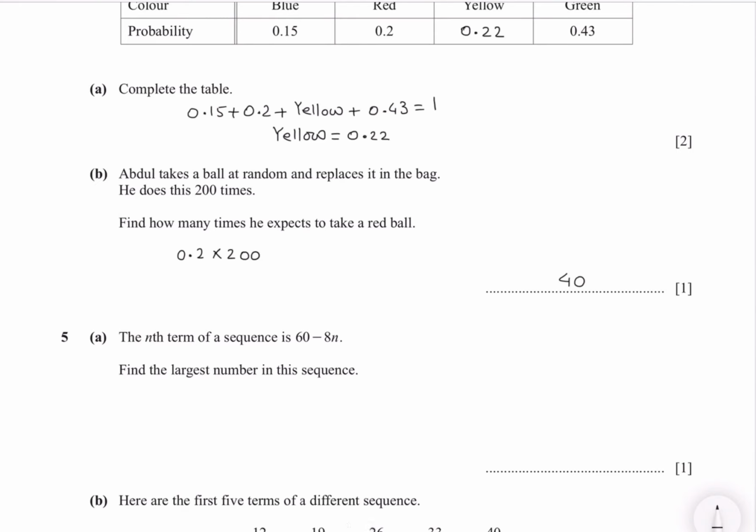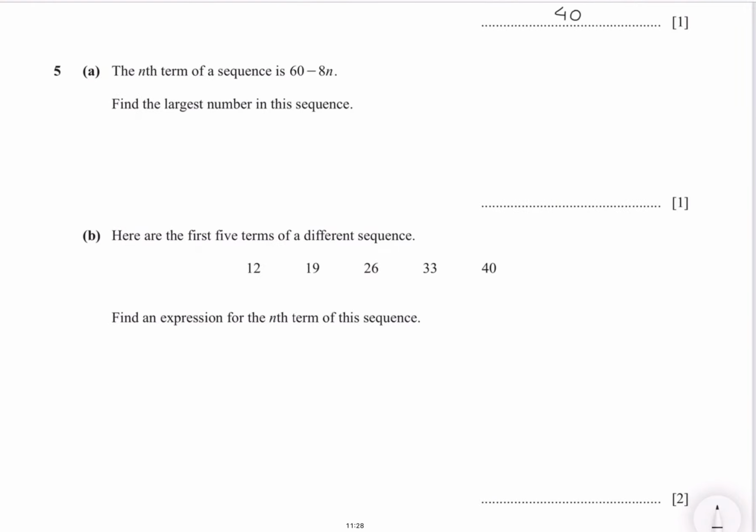The nth term of a sequence is 60 minus 8n. Find the largest number in this sequence. So you place 1 in n and solve it, and that would be your largest number in this sequence. That is 52.